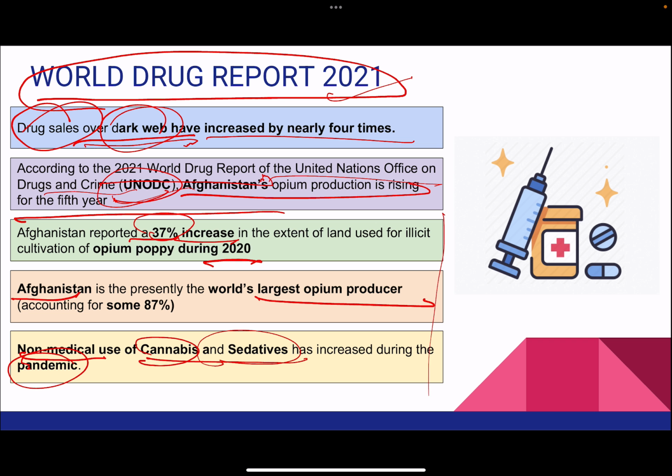So these are the main points, but the most important point here is that this report is released by UNODC, and the next important point is that Afghanistan is the largest producer of opium, and that is something you can also extract from the other news that you read. So this is about this topic.